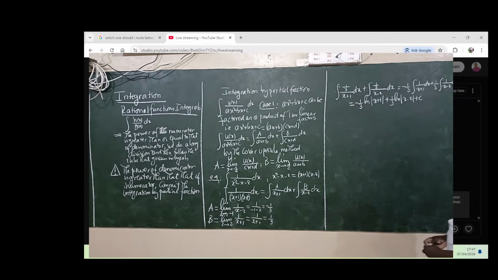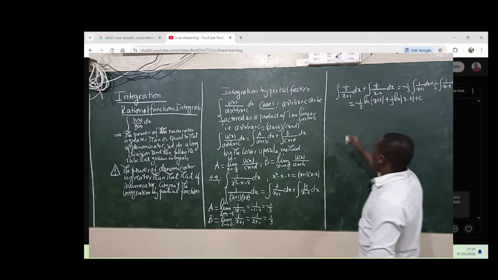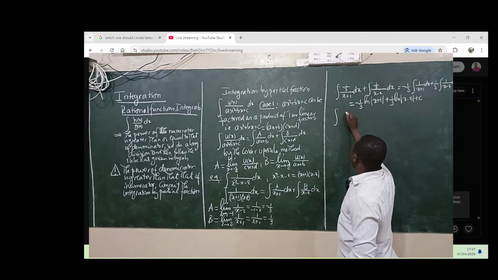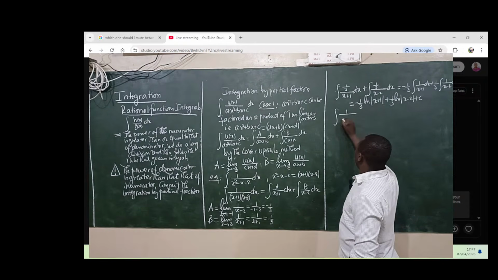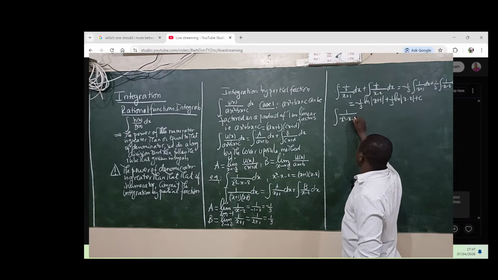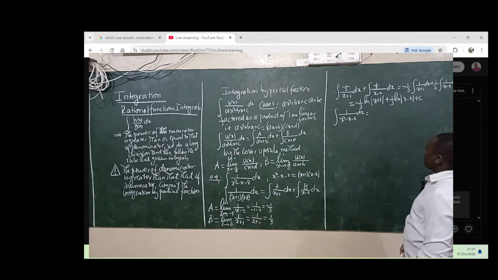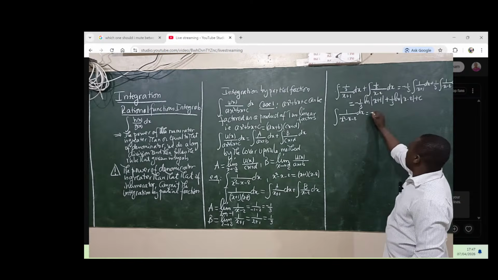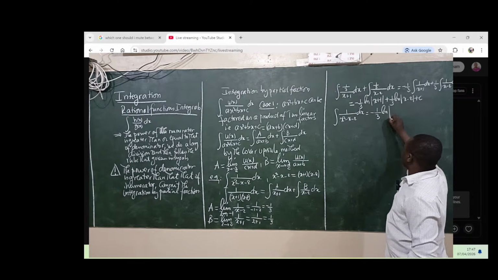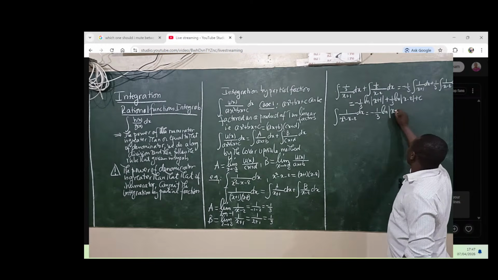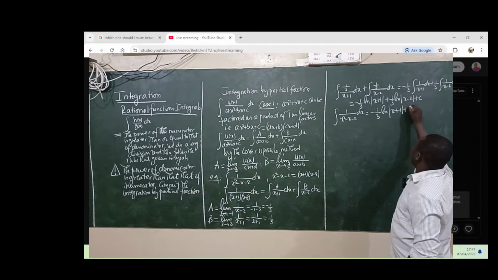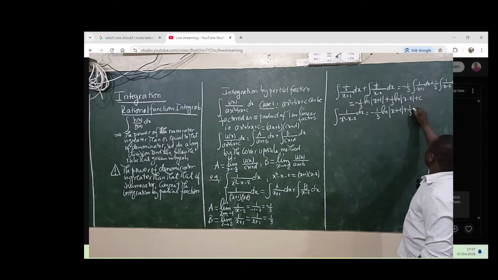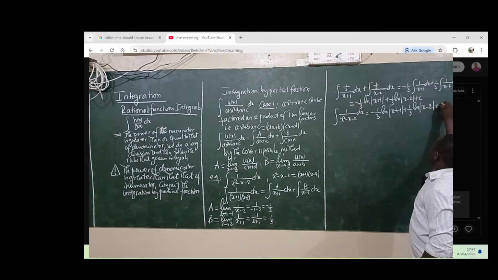Therefore, the integral of 1 over x squared minus x minus 2 dx is equal to minus 1 over 3 times ln of x plus 1 plus 1 over 3 times ln of x minus 2 plus a constant of integration.